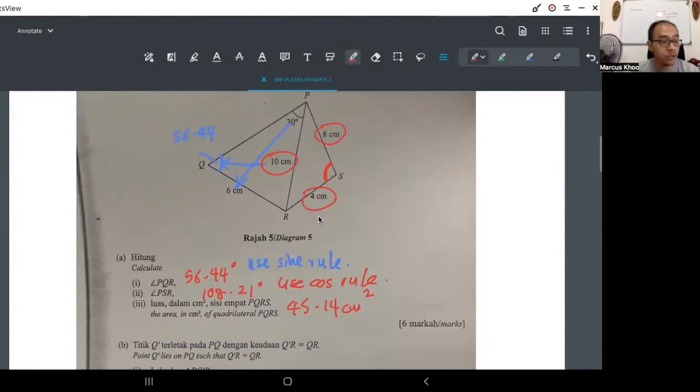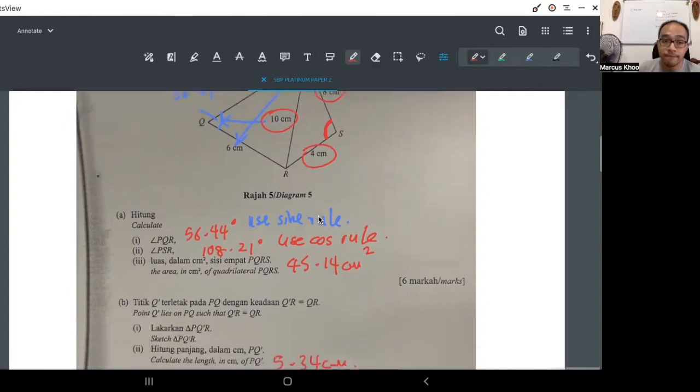The whole quadrilateral is made up of two triangles. So you count the area of one triangle and then the area of the other triangle, then add them together. Pretty easy lah. 6 marks means 2 each lah. One mark for the correct answer and 1 mark for the correct working.